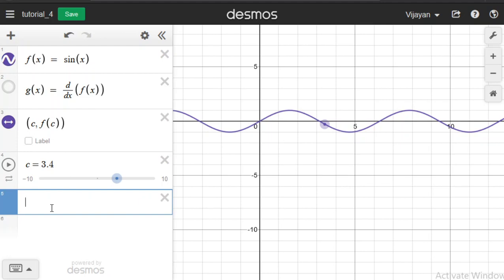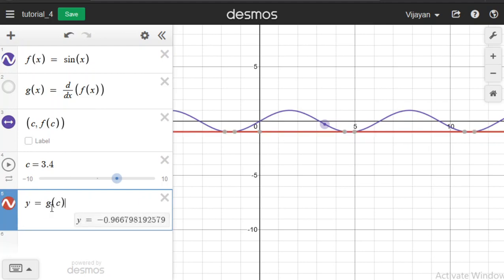We know that slope is equal to derivative. So here I will write y minus f of c is equal to g of c, because I want to find the slope at c, because c is the tangent point. So the g function is the derivative of the given sine function. Since g is the derivative, g of c will give me the slope of the tangent of the sine function at the point c.